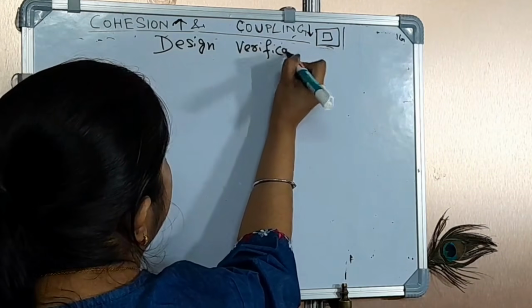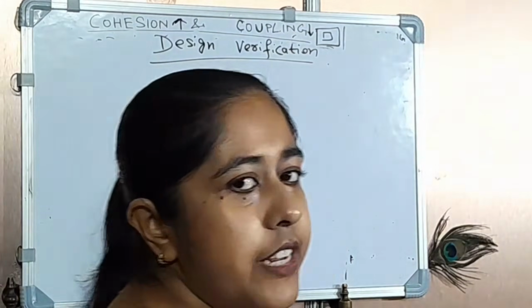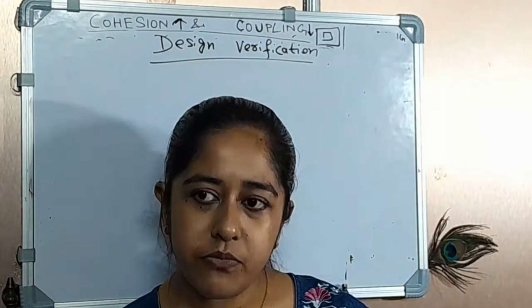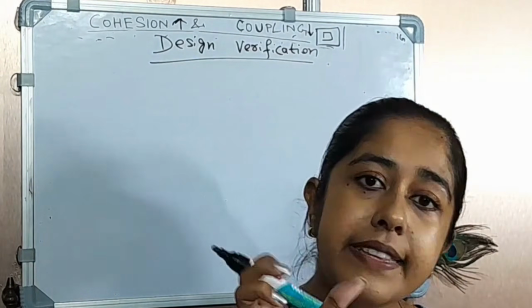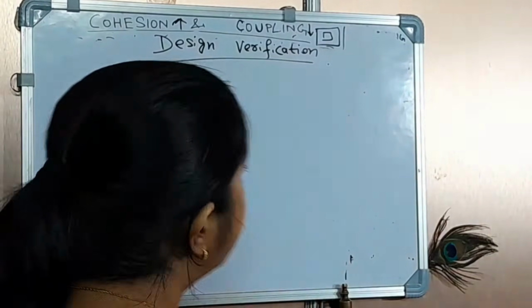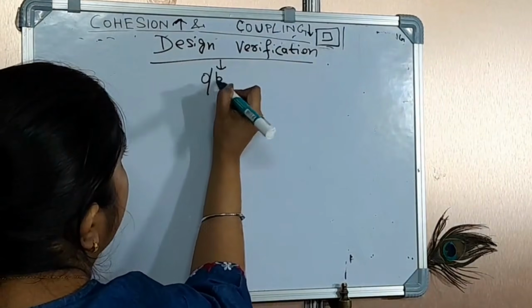How can you verify anything, for example whether your program is correct or not? To check anything, we have to see the output of the particular thing. Here also we will verify by the output of the design.